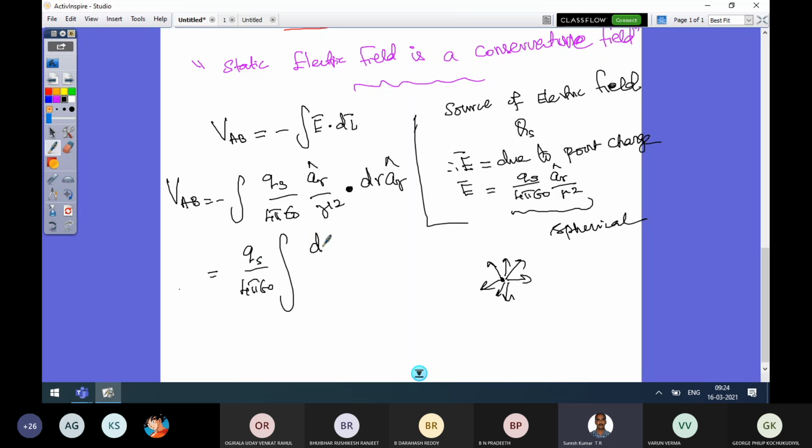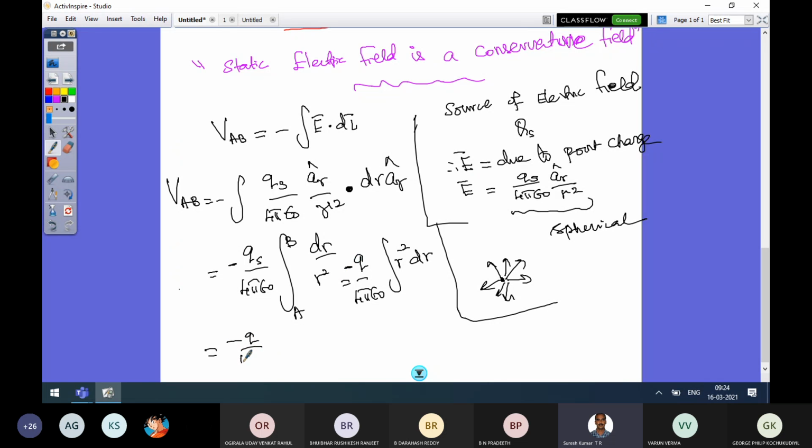So integral dr by r square, limit from a to b. How much is this? Integral r power minus 2 into dr. Sorry, I think already a negative sign is there, right? I have ignored the negative sign, so don't forget. You just insert the negative sign.